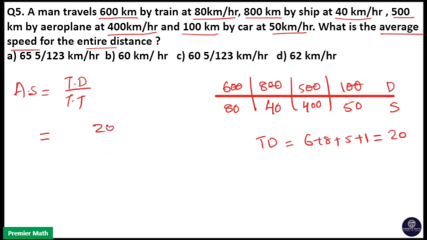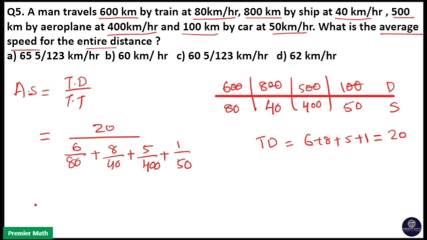So total distance is equal to 20 parts divided by total time, which is time for the first part of the journey, 6 parts by 80, plus second part of the journey 8 by 40, plus third part of the journey 5 by 400, plus fourth part of the journey 1 by 50. So here LCM of 80, 40, 400 and 50 is equal to 400.